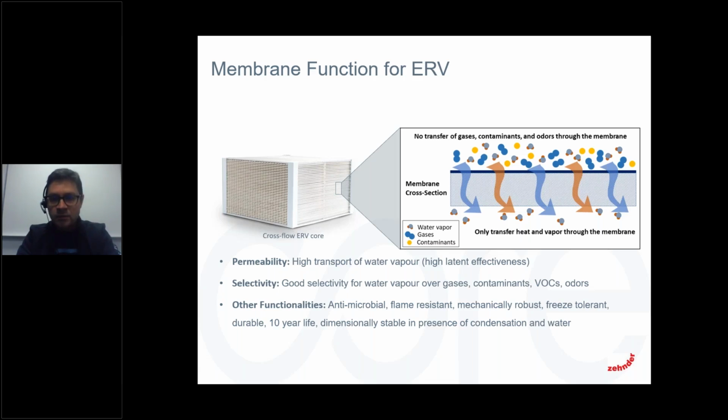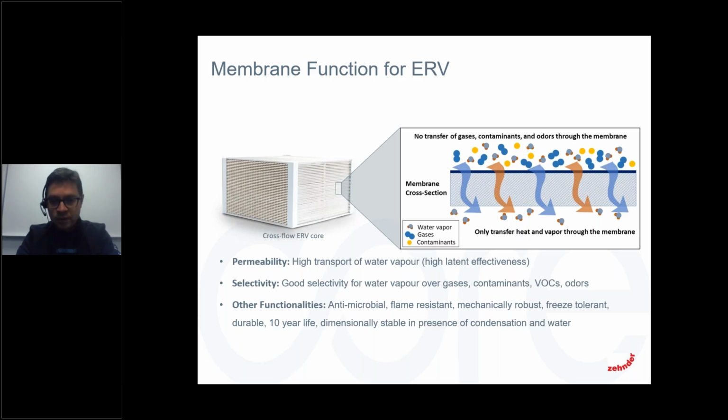When we're designing and making membranes for these devices, what we want in a membrane material is very high rates of water vapor permeability, so the ability to transport a lot of water, which leads to high latent effectiveness in the exchanger.